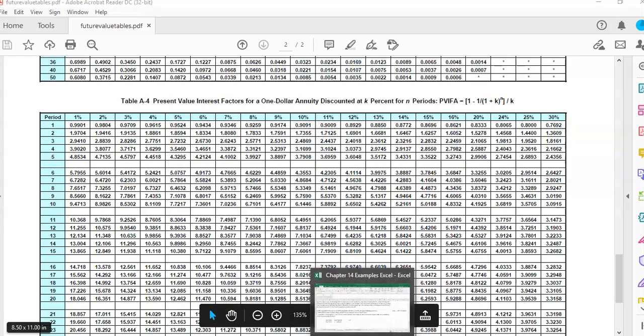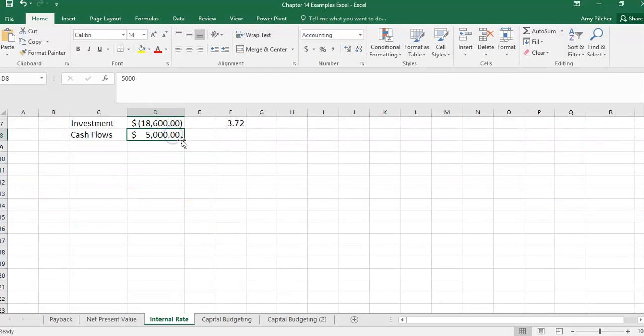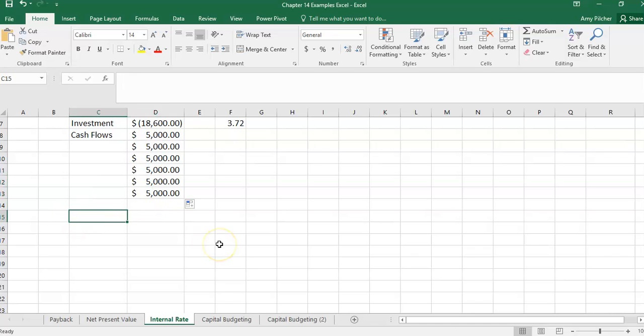You can also use Excel to calculate internal rate of return. So we want cash flows for 6 years: 1, 2, 3, 4, 5, 6. The calculation is IRR.